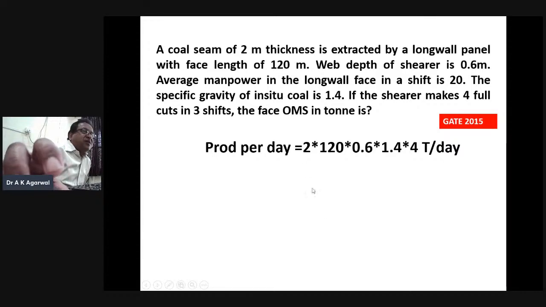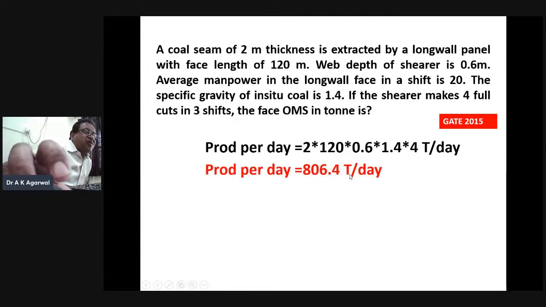Production per day: 2 meter seam thickness, 120-meter length, 0.6 meter web thickness, 1.4 is the density, right? 1.4 is the specific gravity as compared to water, it doesn't have any unit. So if we multiply it by 1000, you will get 1.4 tons per meter cube, into 4, because 4 such cuts are there in one day. In one day, 3 shifts are there, and in 3 shifts, 4 cuts are there, into 4 tons per day. So if you simplify it, it is 806.4 tons per day.